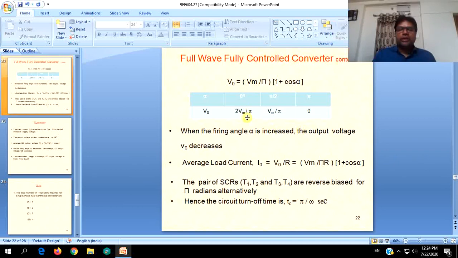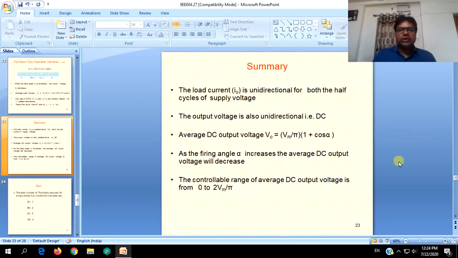The controllable firing angle range is from 0 to pi, and in that, the voltage range is 2 Vm by pi to 0. In a given half cycle you can control the average DC output voltage in this range.